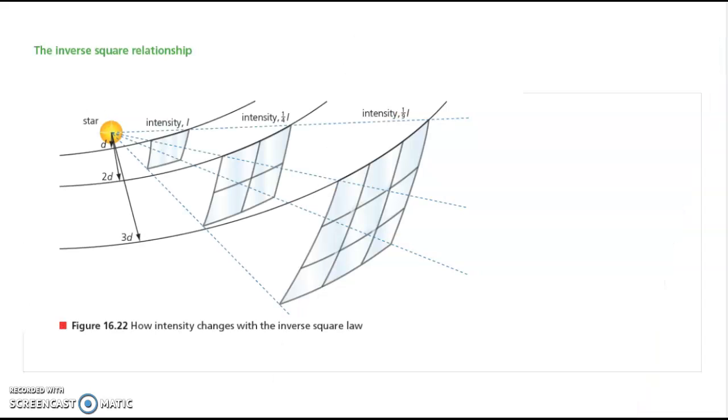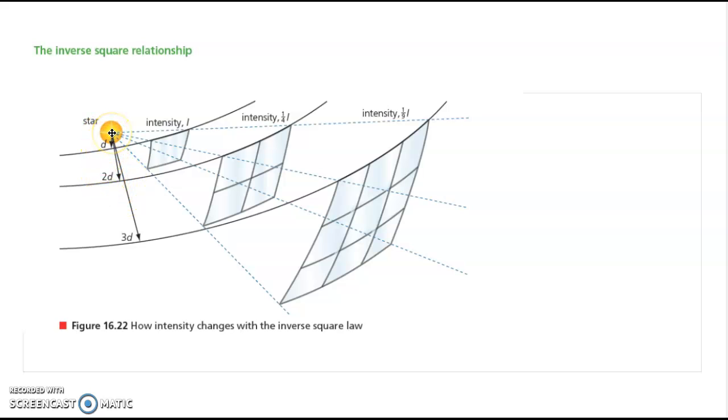Now, if we review first the inverse square relationship, this came up in topic 4, and it relates the intensity, the brightness of a star, to how far away you are from it. As you should remember, it follows a 1 over d squared relationship.